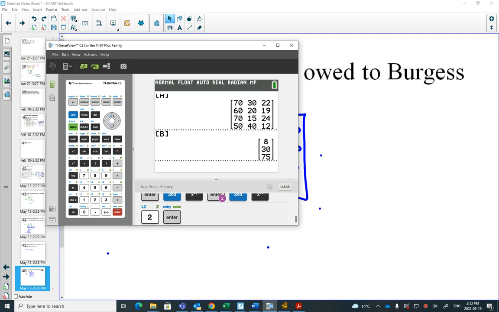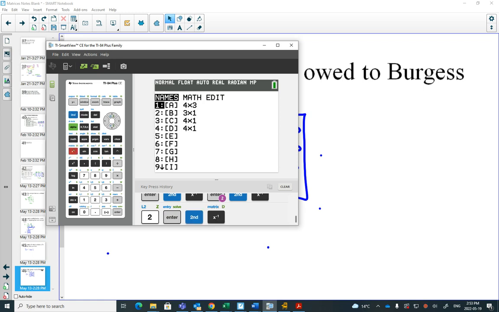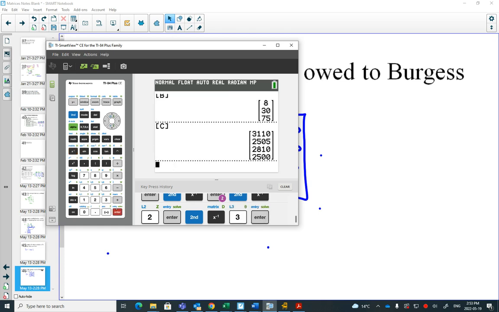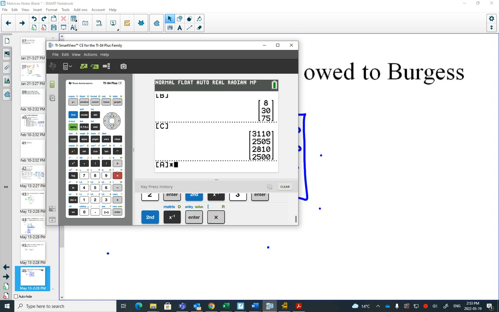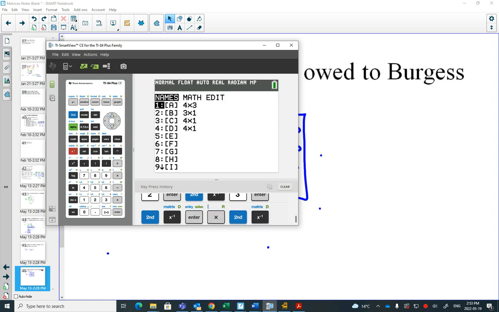Let's see. You don't have 3110 in your matrix C? Okay, let's try A times B again. A times B, and your A and B are the same?